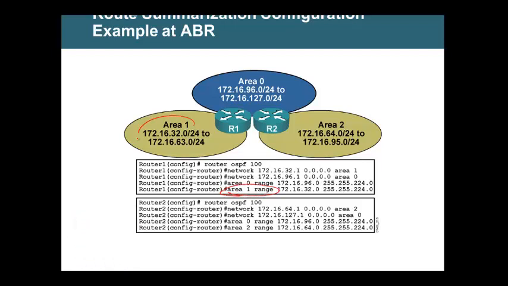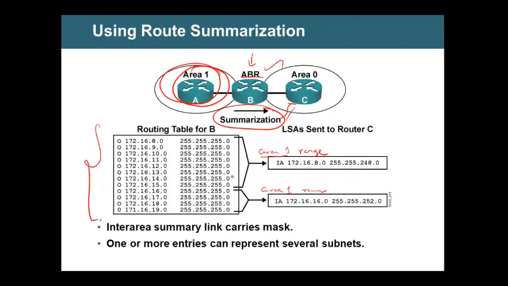This is coming from area 1. 32 to 63, which is 32. So 255 minus 32 is 224. So you use the command area 1 range because there is an area. But do we have any area mentioned here? No. It is some other protocol like RIP.